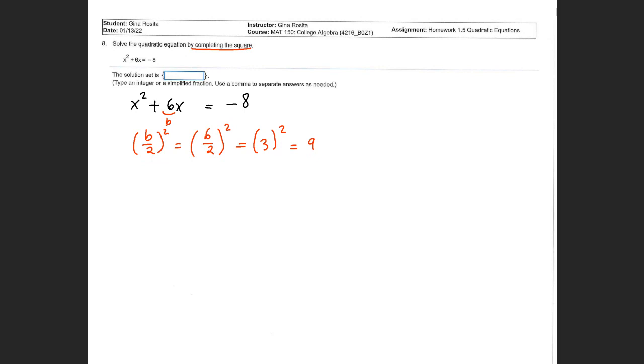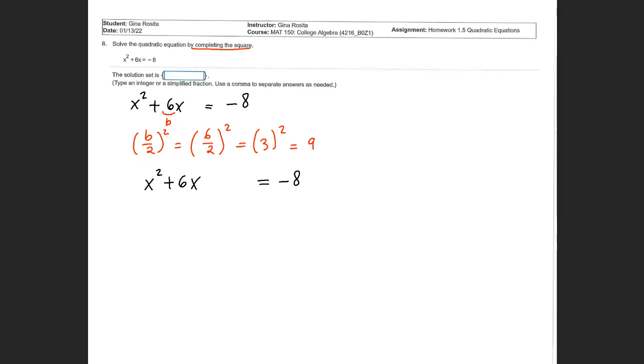Now just copy x squared plus 6x, I put a little space, equal negative 8. You have to fill in the blank over there. If I add 9 on the left side, I have to add 9 on the right side.